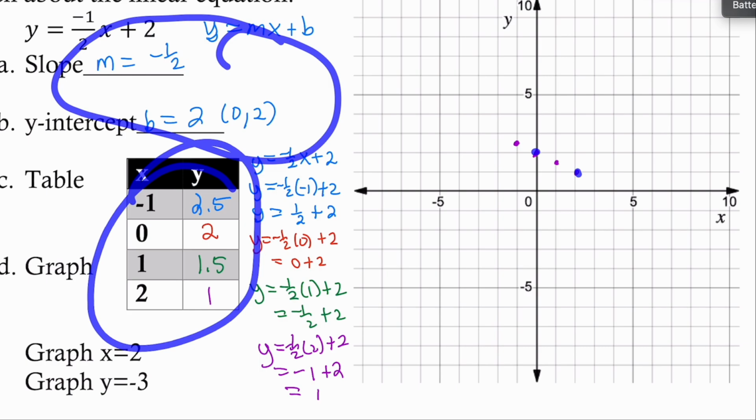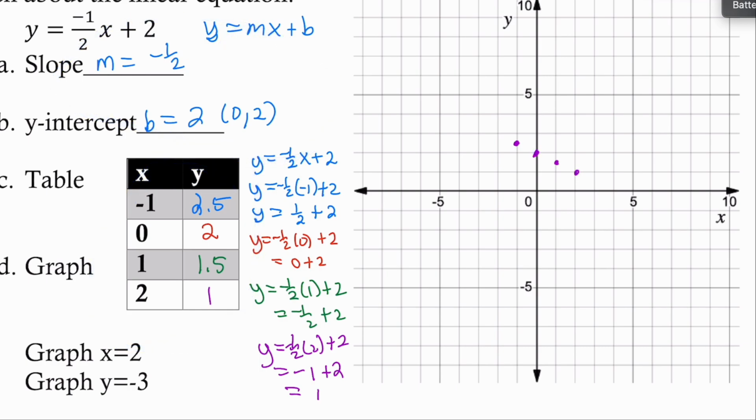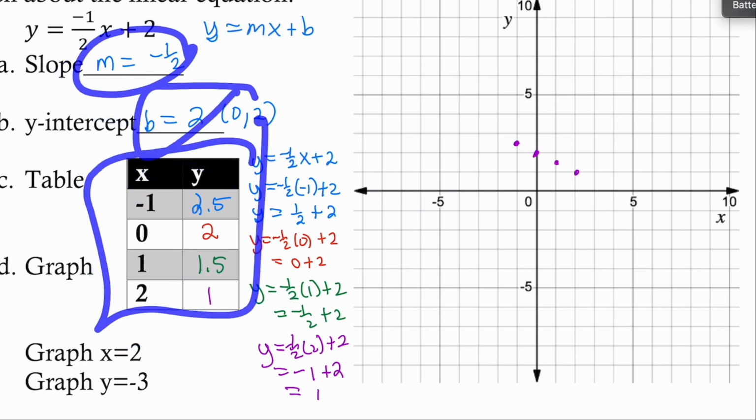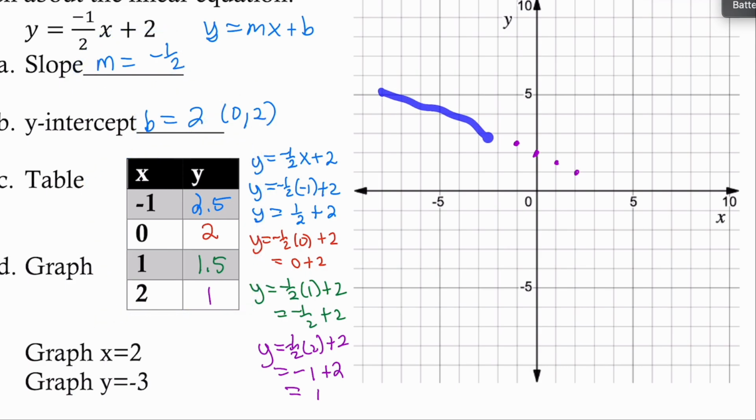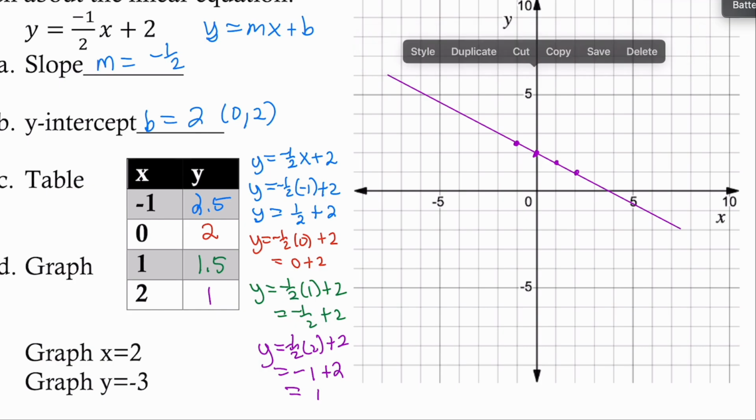You can check your work that both of those things and this table should align up. And you'll notice it makes a perfect line. So then graph your line. So that is graphing those.